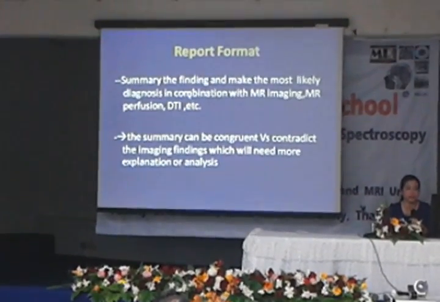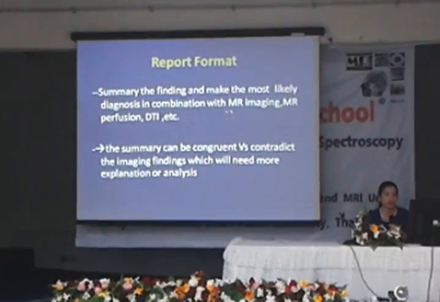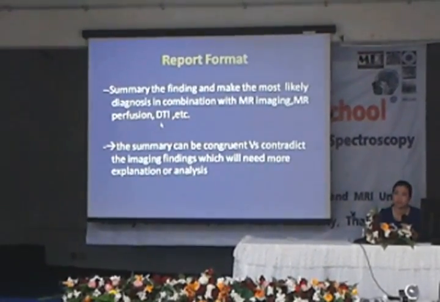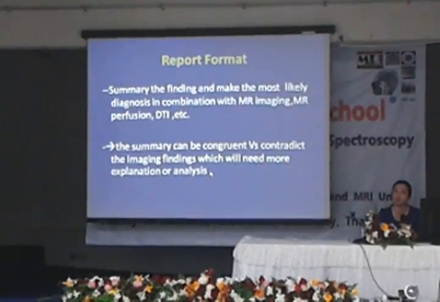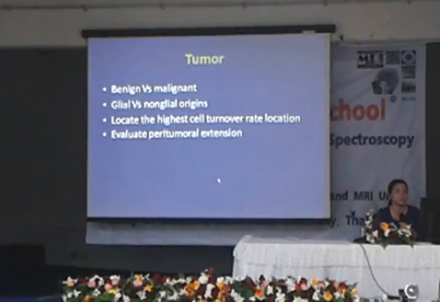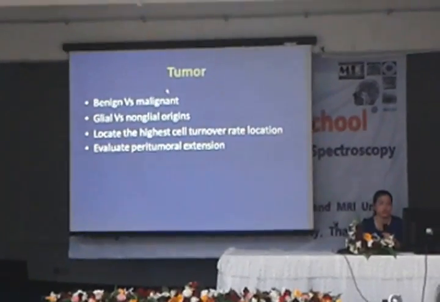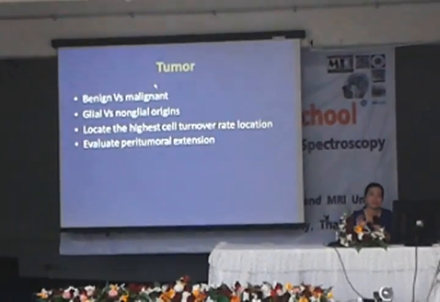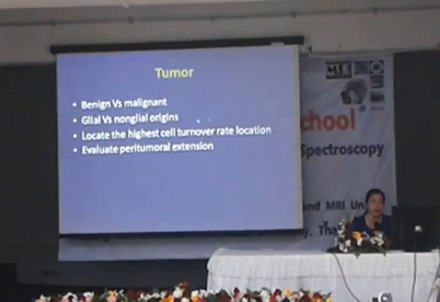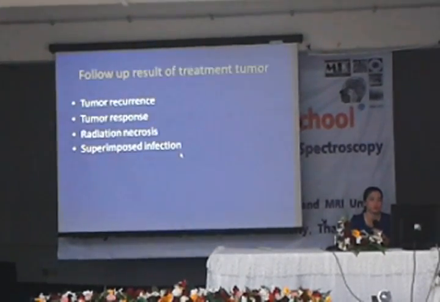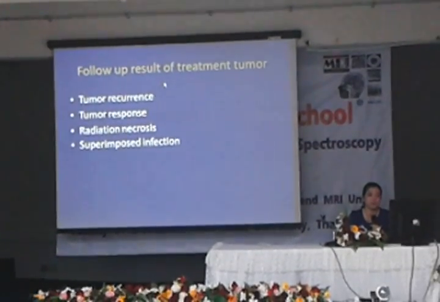Then summarize the findings with the other kinds of imaging, conventional imaging, MR perfusion or DTI, and make a conclusion in the report. MR spectroscopy is useful for brain tumor. We can distinguish between benign or high-grade tumor, evaluate the peritumoral extension also, and use it for post-treatment follow-up.